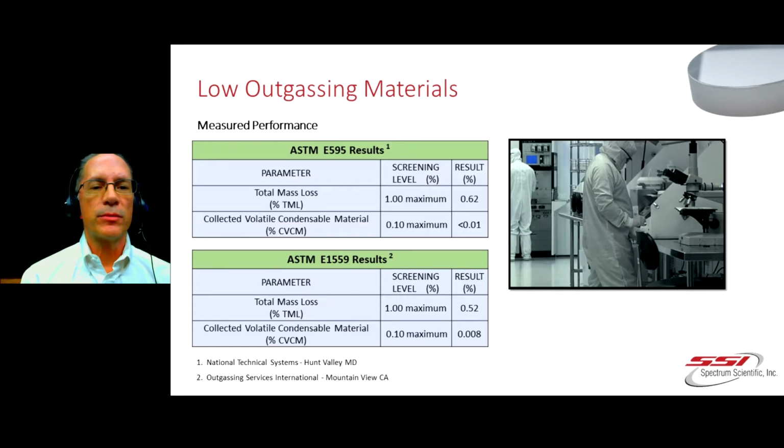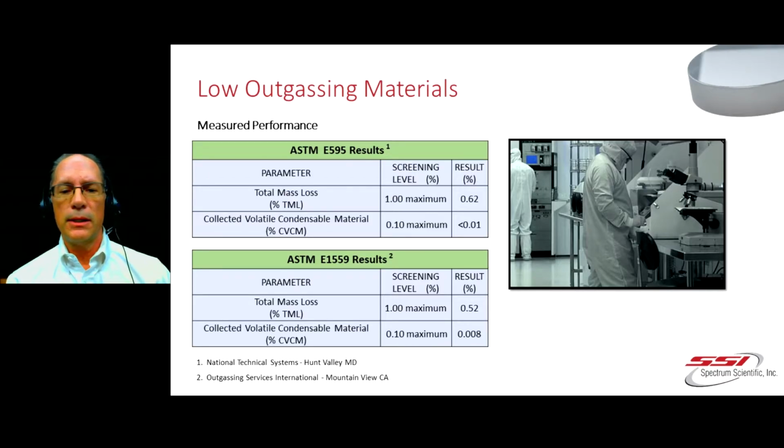That's actually the NASA requirements. So in order to be space qualified, we need to meet those requirements, and you can see the results on the right. This is also not just applicable for space, but vacuum UV applications. Anytime you're worried about outgassing, vacuum applications are very sensitive, so it applies to that as well.